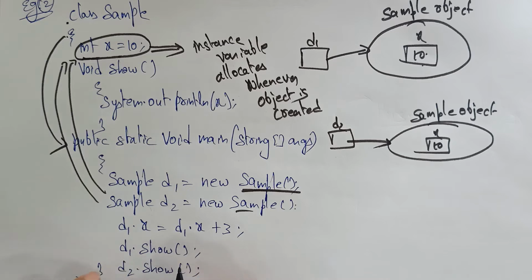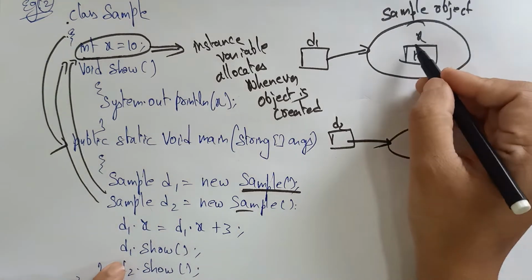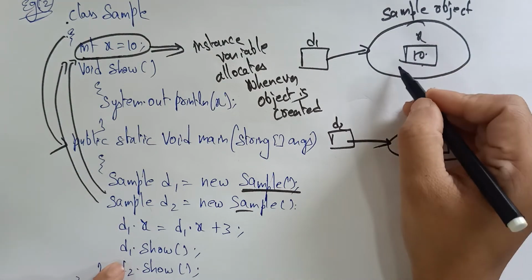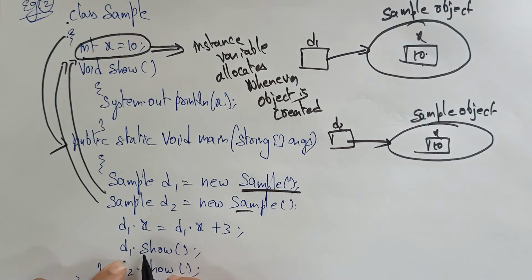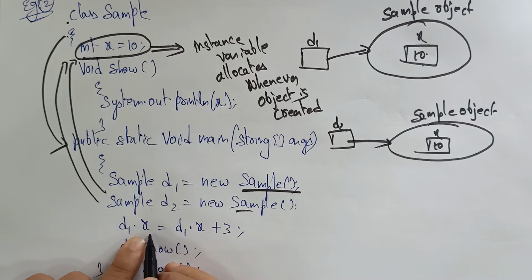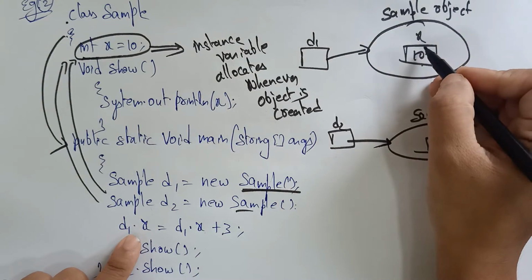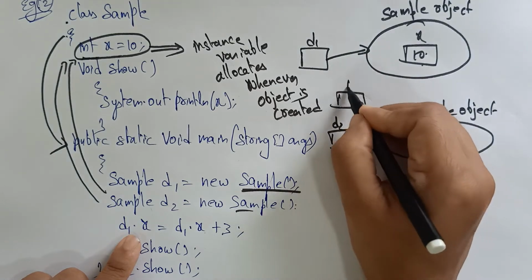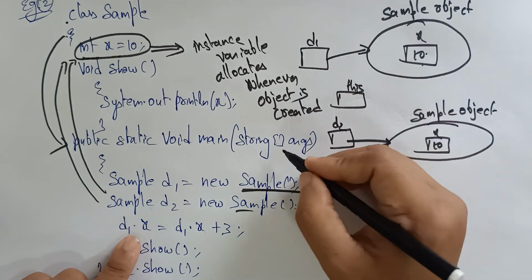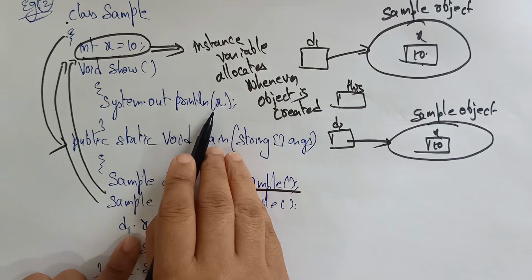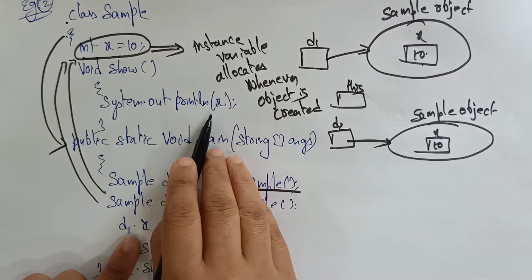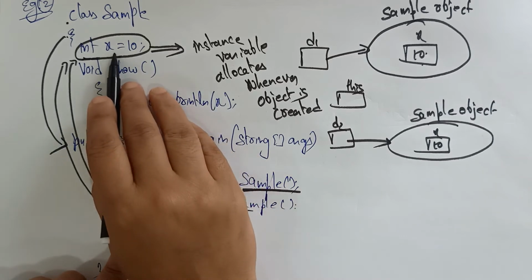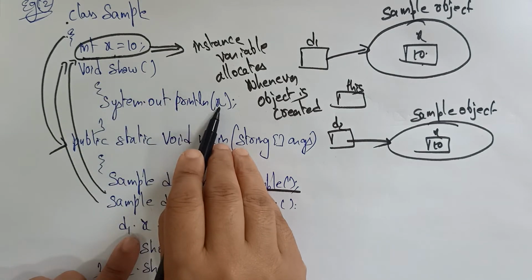Now d1.show. Whenever I mention d1.show, d1.x = d1.x + 3. Here the this keyword is implicitly present, so whatever x is, this.x is implicitly present, and this.x is 10. This.x means the current value, which is 10.